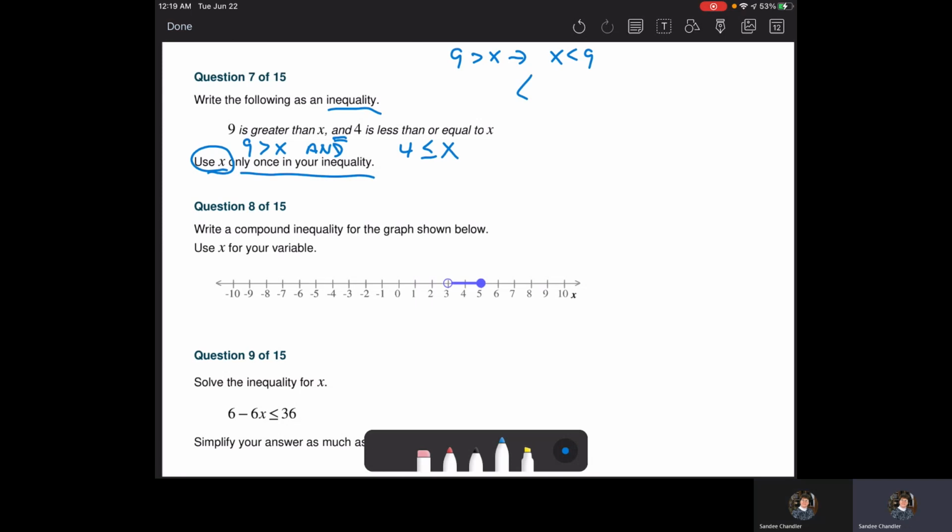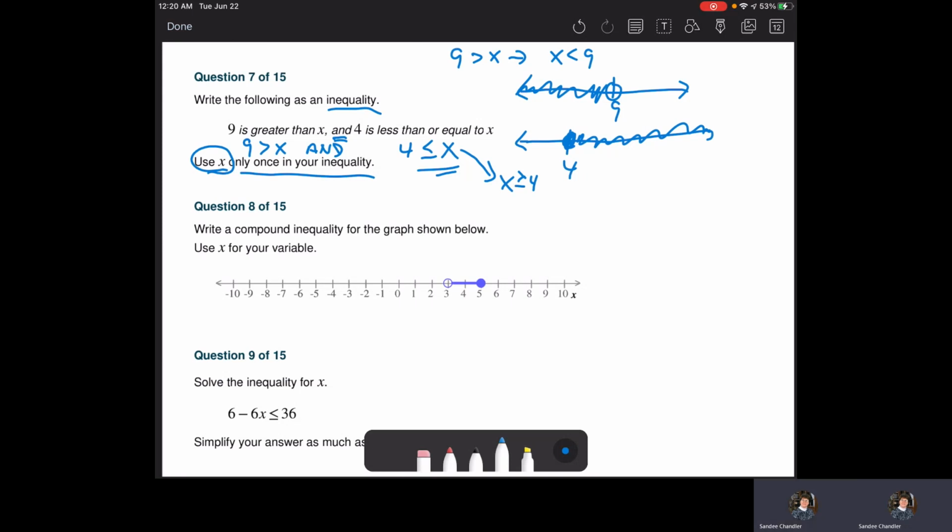Or you can think about it as 9 bigger than x. 9's bigger than all the x's. The other inequality is 4 is less than or equal to x, I mean x is greater than or equal to 4. So that's 4 and everything bigger. Is that right?